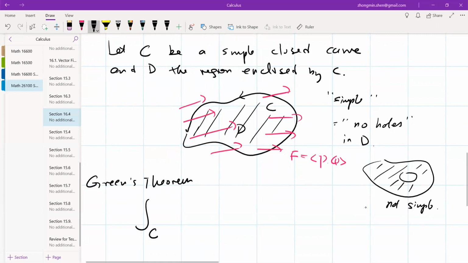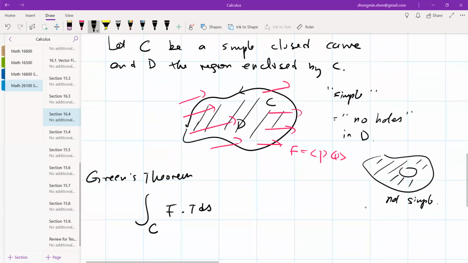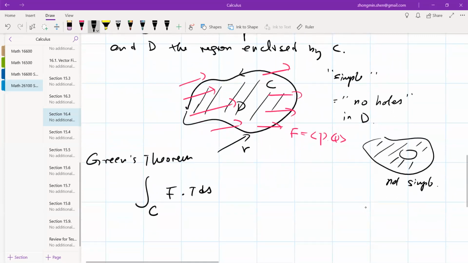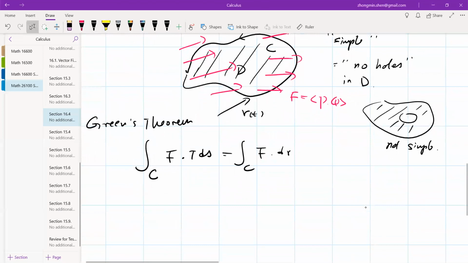this line integral of F dot T ds, which if you parameterize by r(t) is also denoted by the integral of F dr. But now, if you know the components P and Q, this is also denoted by the integral of P dx plus Q dy.